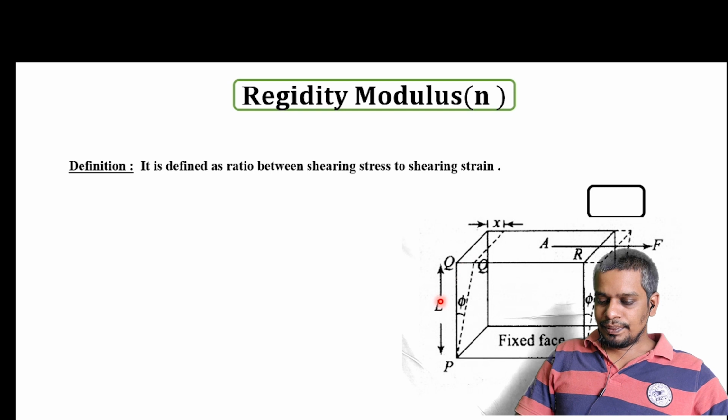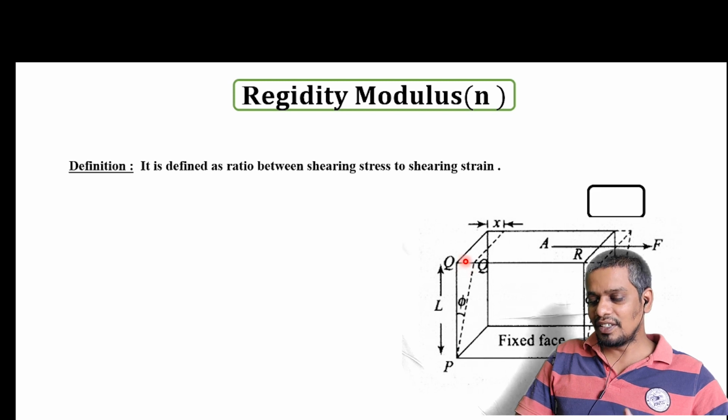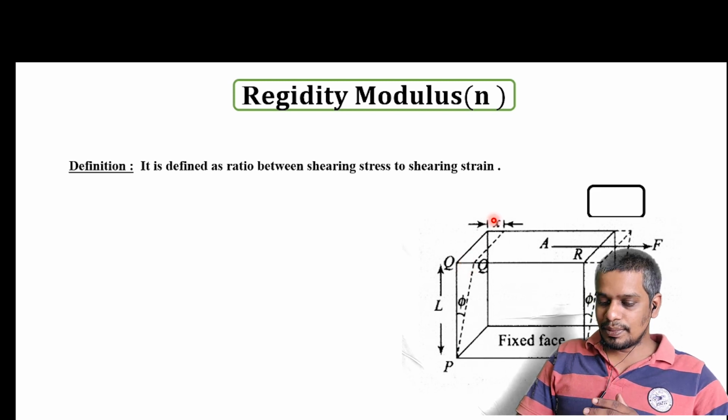Here the displacement of the face PQ, this length, we have taken as x. This angle is pi, and the length of the cubical box is capital L.